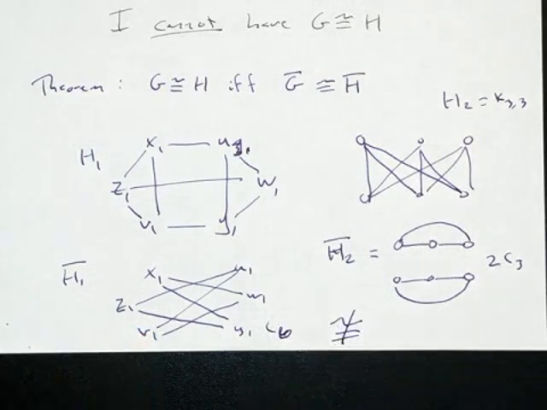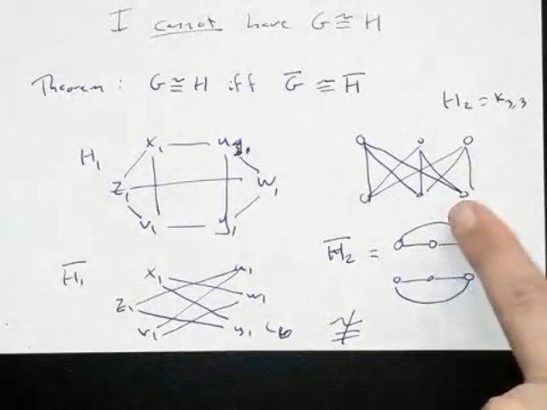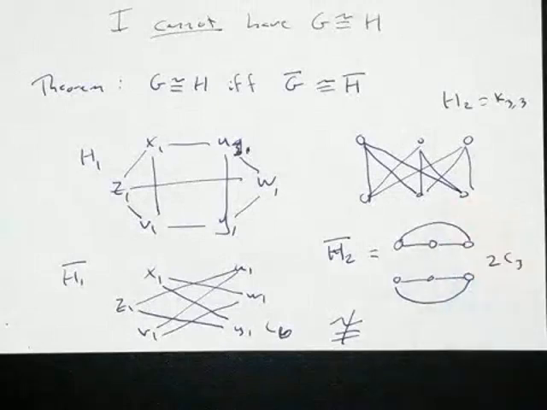Complements are isomorphic, so the original graphs would be isomorphic. Another way of acting isomorphic is by partite sets. What do we know about every bipartite graph?